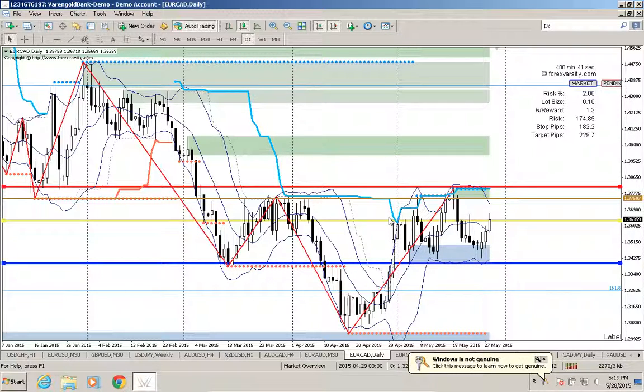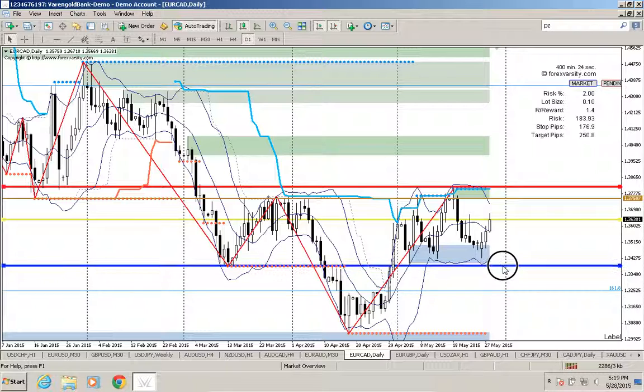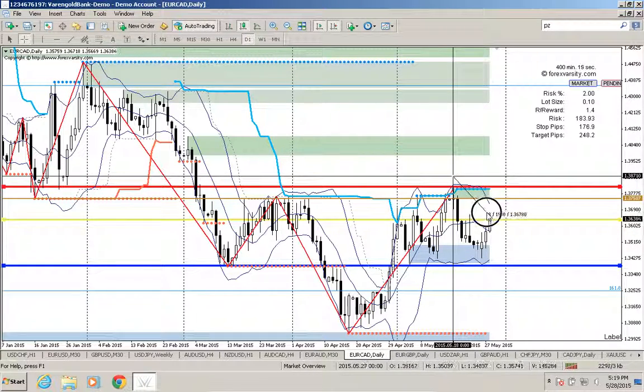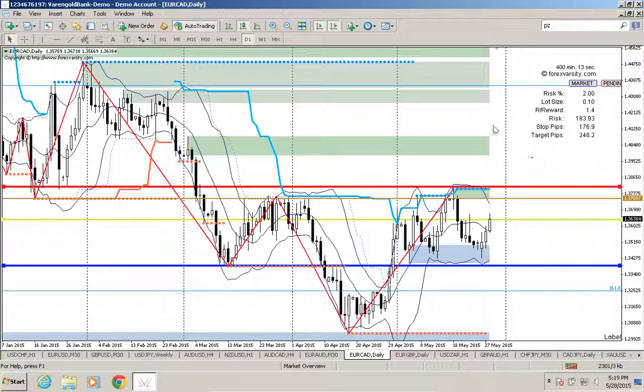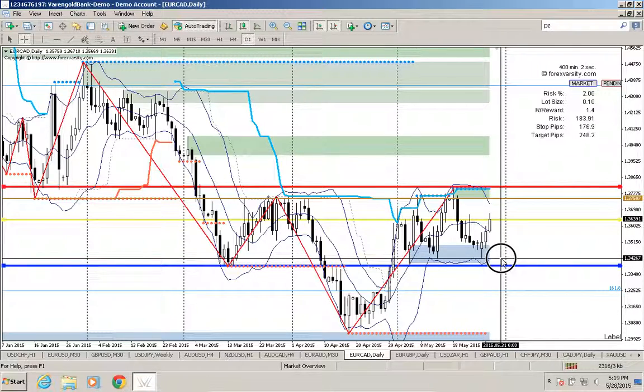Okay, our options is to sell right now with a stop above the daily high, a take profit below the daily low, because the zigzag indicator needs to do something. It needs to either make a high or low. It's been 9 candles and it hasn't done so. So we can trade for the breakout from now, or we can just wait for it to get to the low and sell.